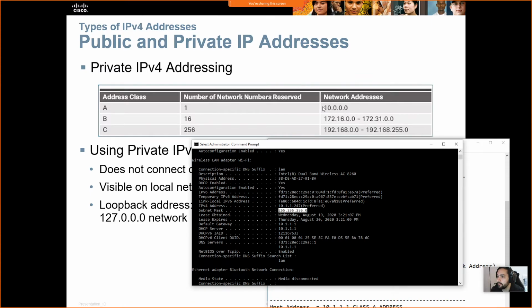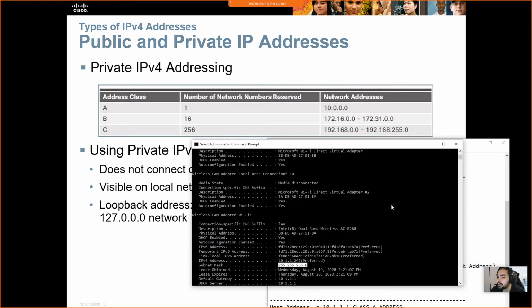Okay, because it says class A, the network is 0.0.0. So this is not a private address. Okay, let's get another one.